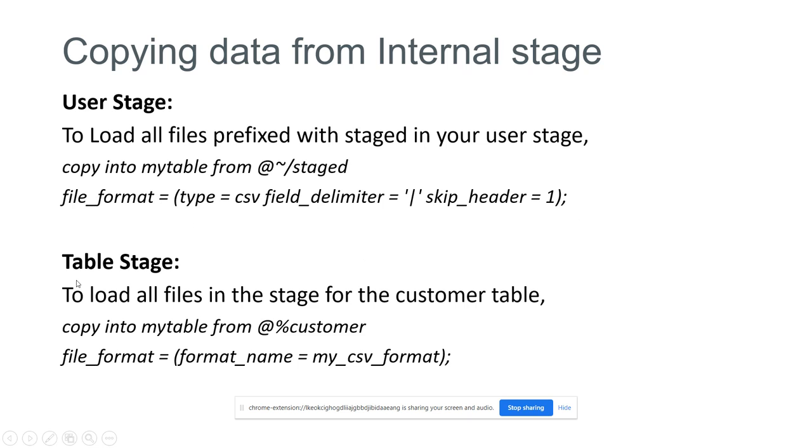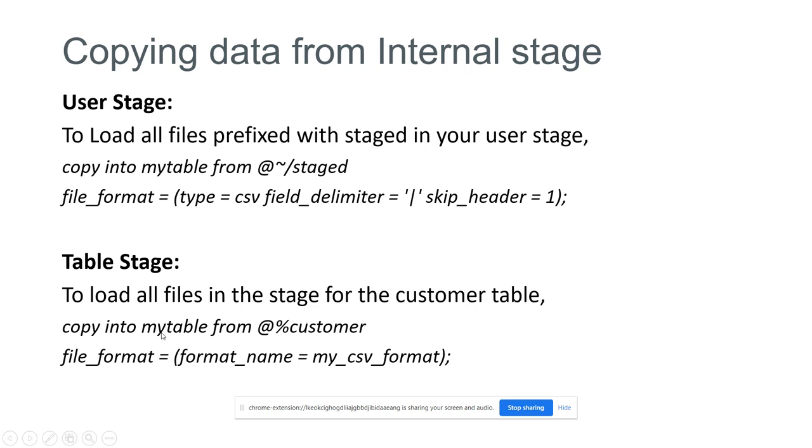Similarly, for the table stage, if I want to copy the data from the table stage to a Snowflake table, this is the same syntax. Instead of at the rate tilde, we have to give at the rate percentage symbol. Suppose I want to load the data into a customer table. So copy into the table name, here it should be customer, it's a mistake here.